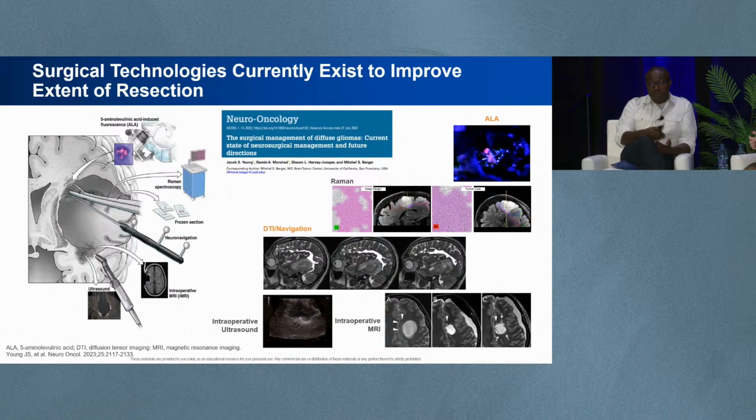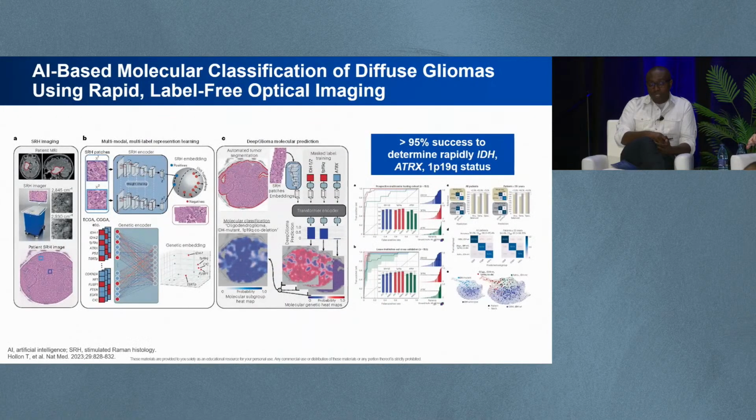And then we have to think about what are the tools and how do we do that safely in the operating room. That's not the purpose of today to go through each of these strategies, but we'll say we have everything from fluorescence guidance tools to confocal imaging platforms, including stimulated Raman histology, navigation, ultrasound, all different ways we think about trying to remove these tumors as safely as possible to limit the burden for patients.